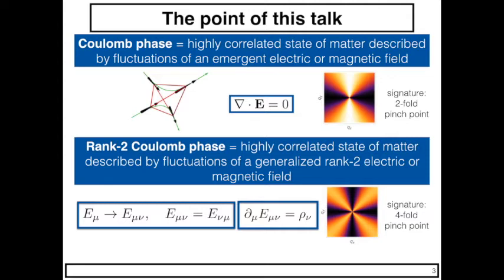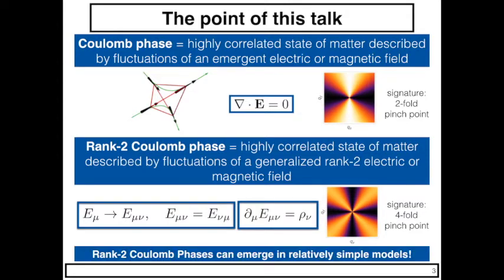What's still missing is some suggestion for how this thing could really emerge in a real material. The message of this talk is that the rank-2 Coulomb phases can appear in relatively simple and realistic models. So they're not just something in a theorist's imagination, they can really occur in nature.